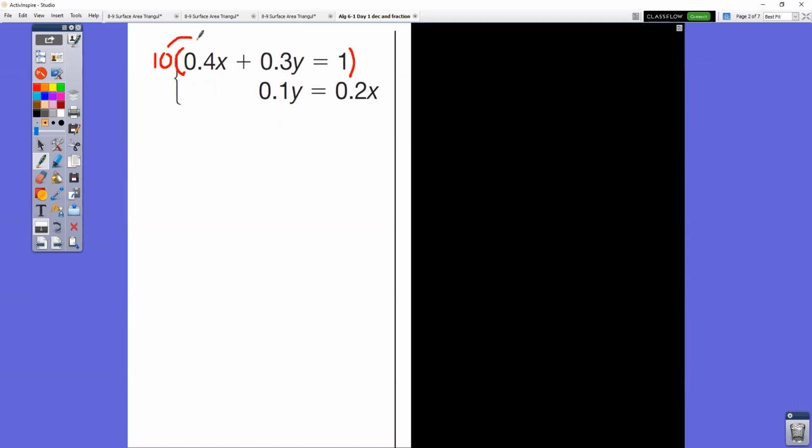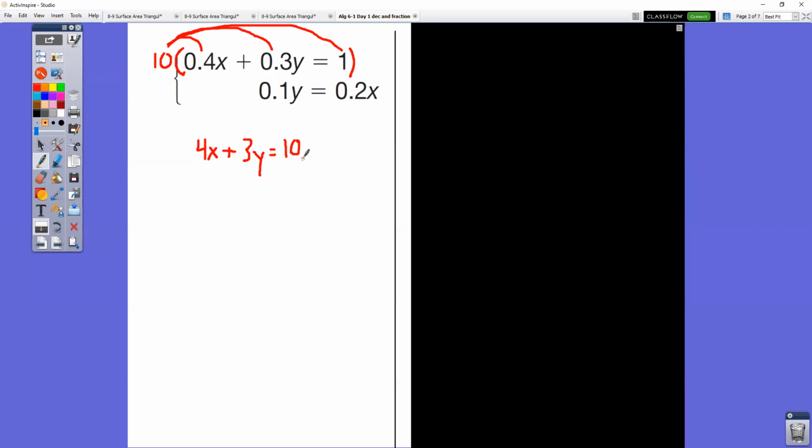Just like we did before, you want to distribute, distribute, and distribute. Even though this last number is not a decimal, we still have to distribute the 10. So 10 times 0.4x is just 4x. 10 times 0.3y is 3y. And 10 times 1 is 10.